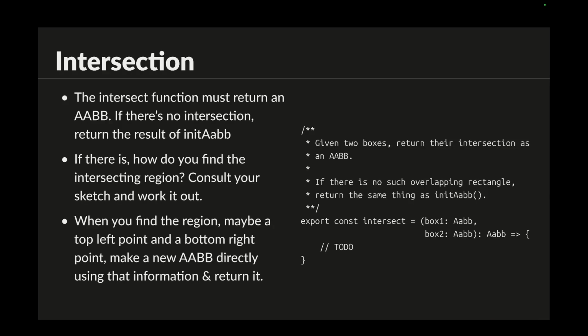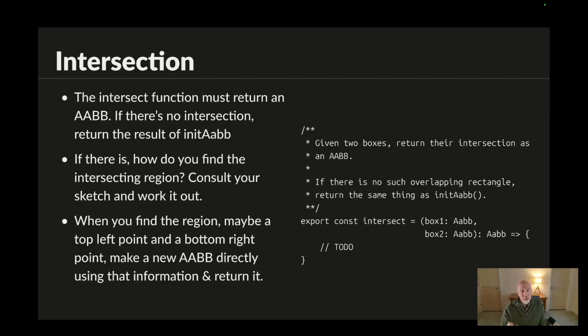So keep in mind that this intersect function should return an axis-aligned bounding box. So if there isn't an intersection, you can just return init AABB. If there is an intersection, you'll build a new AABB for the rectangle representing the intersecting region of the two input ones. And again, look at your sketch.